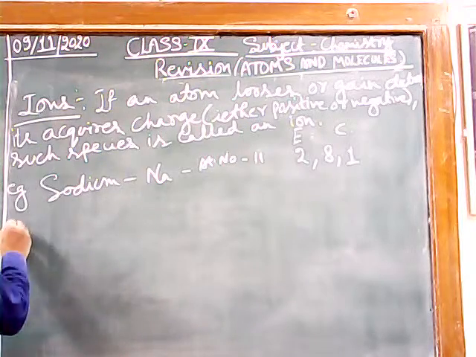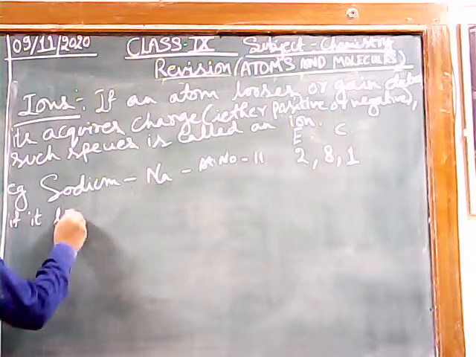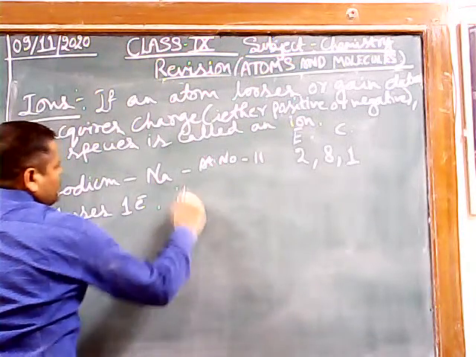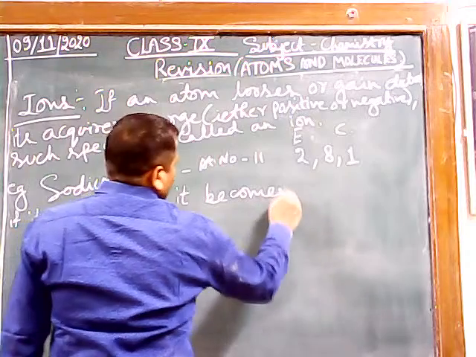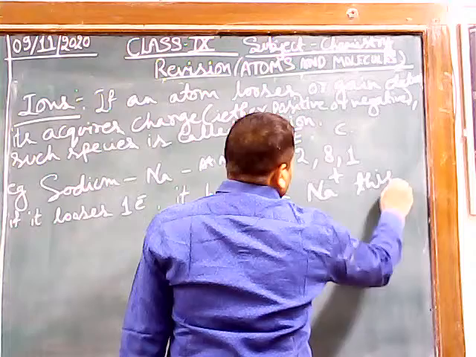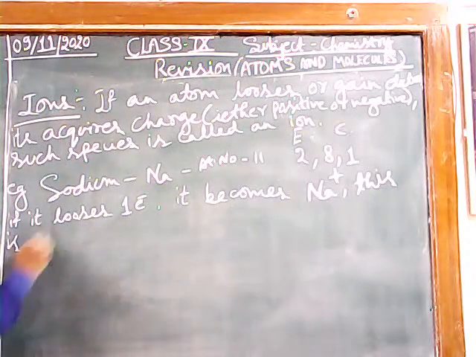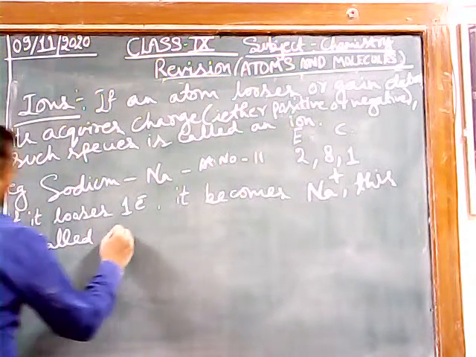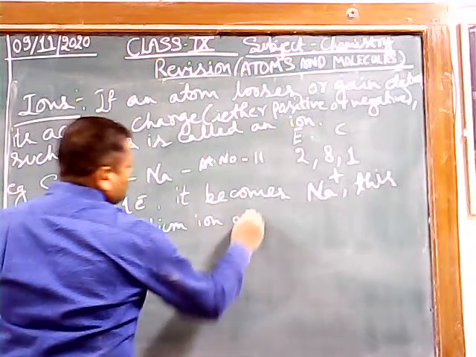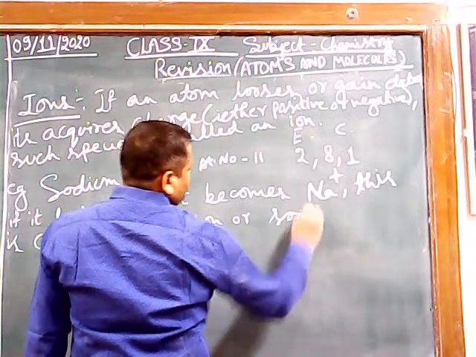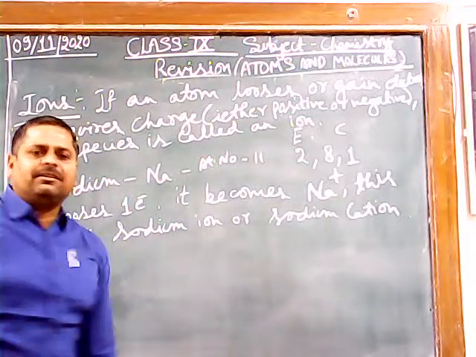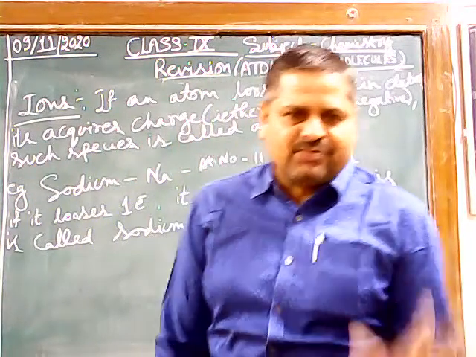Now if it loses one electron, it becomes Na+, and this is called sodium ion or sodium cation. Cation is an ion which has positive charge.